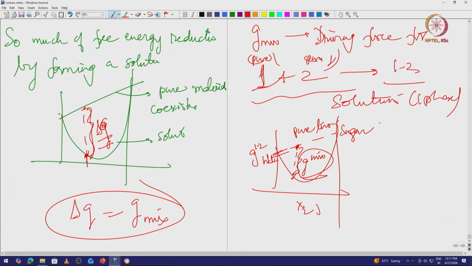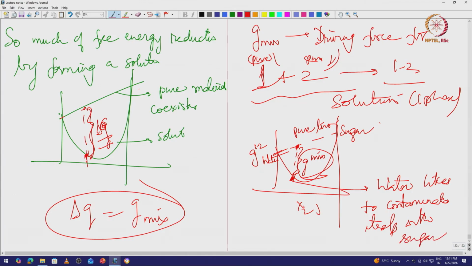So, then I cannot separate out water and sugar or water and salt, whatever it is. Okay. So, that forms a solution. So, water likes to contaminate itself with sugar, right.